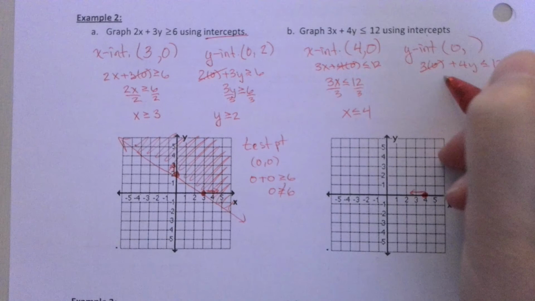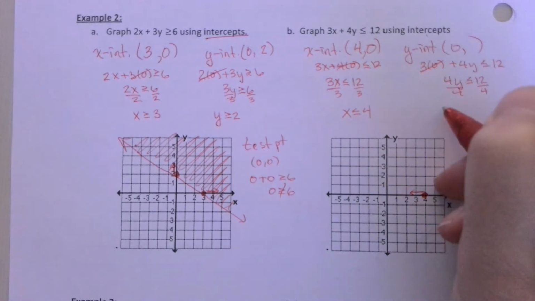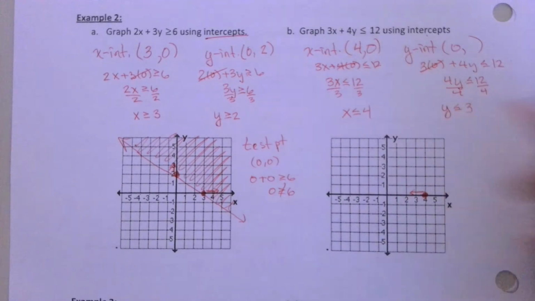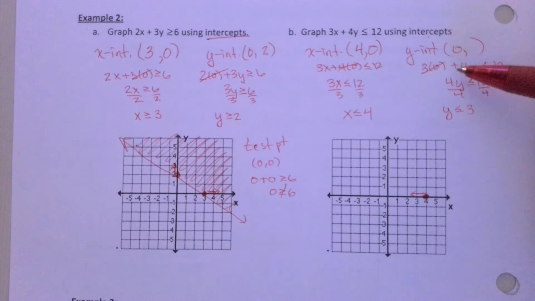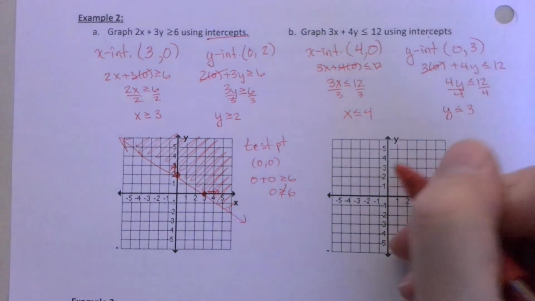That's gone. I have 4y is less than or equal to 12. Divide both sides by 4, and I have y is less than or equal to 3. Again, if we had a negative, we would be flipping that sign if we were dividing by a negative. So my y-intercept is 0, 3.